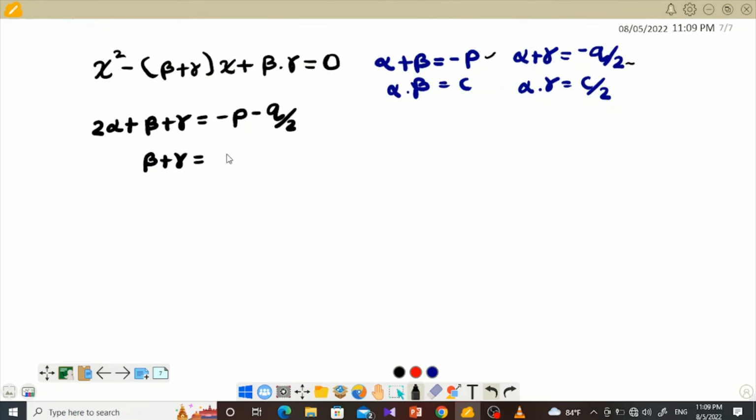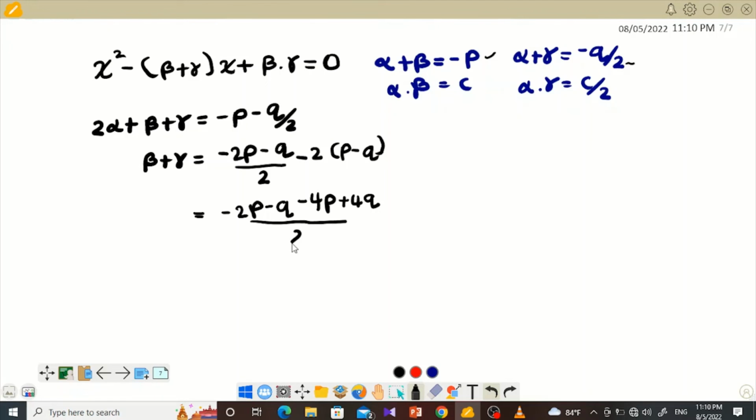I take in common minus p minus q divided by 2. This term comes to this side, and minus 2 alpha. We have the value for alpha as p minus q. I can simplify this: minus 2 times p minus q. I take the common denominator, then this becomes minus p minus 4p plus 4q divided by 2.